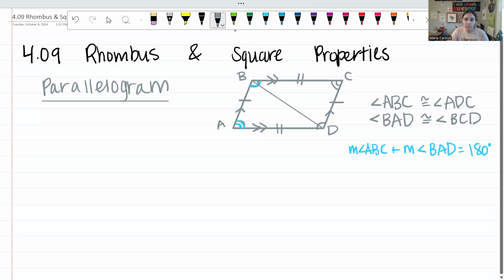So BD bisects AC to create two congruent halves, and AC bisects BD to create two congruent halves. The diagonals themselves are not congruent. And actually, technically, this would be 3 ticks, and this would need to be 4.